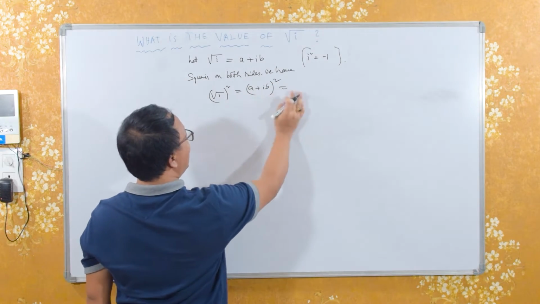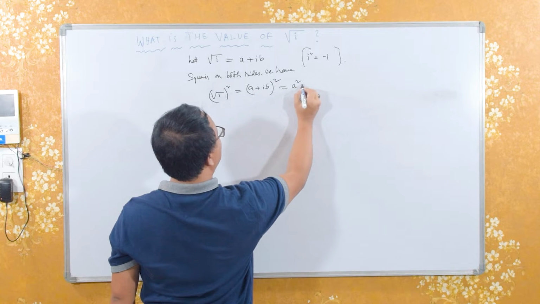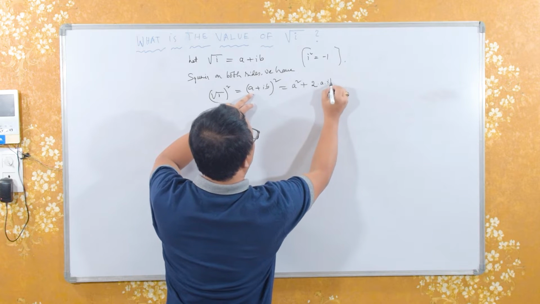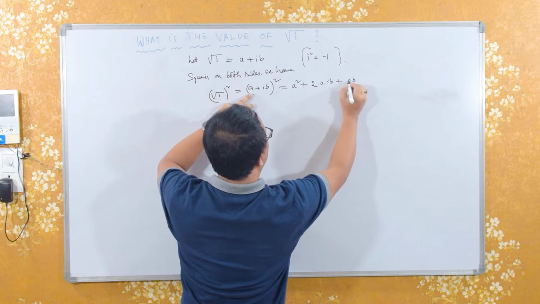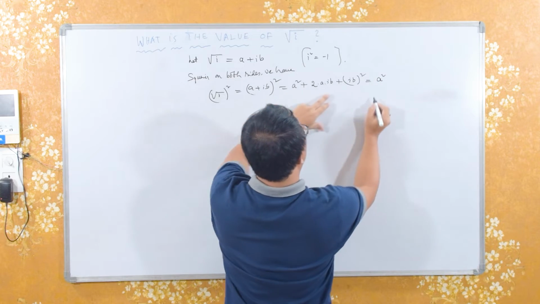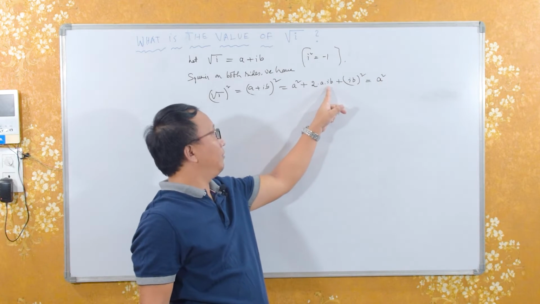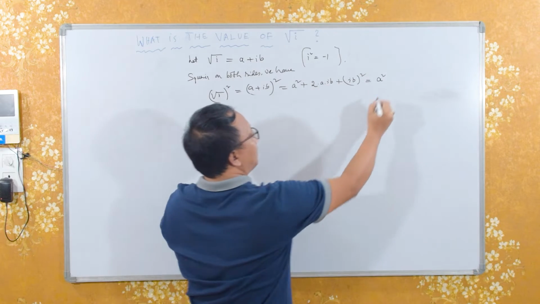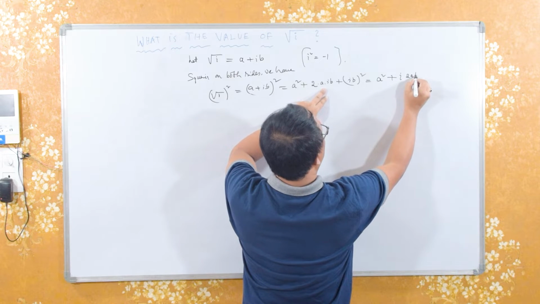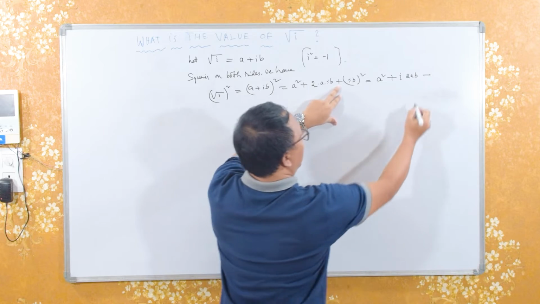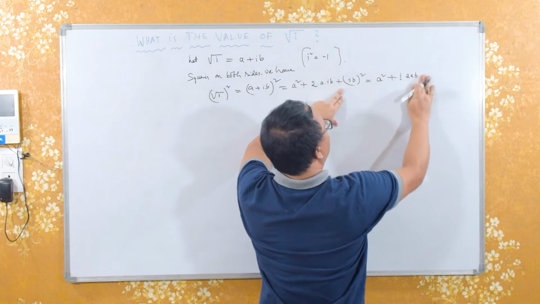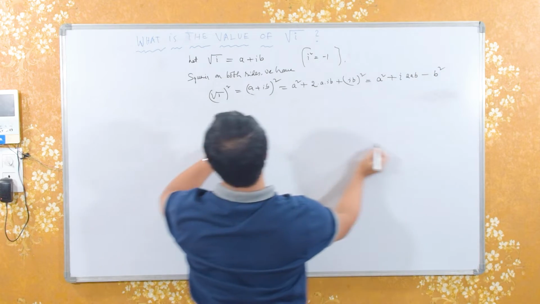It is the same as a², plus, bringing the imaginary number i over here, i·2ab, plus i²b². i² is -1, therefore it will be minus b².